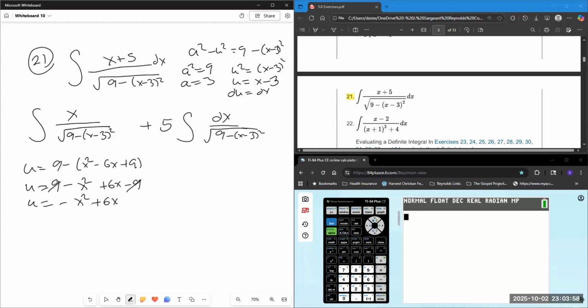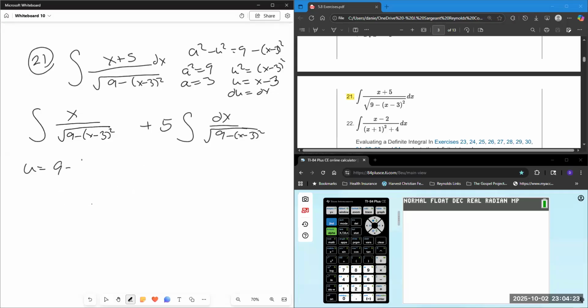For my u, and my du will be a negative 2x plus 6 for a, so it'll take some fixing. I actually like the first method, and I'll show you why.